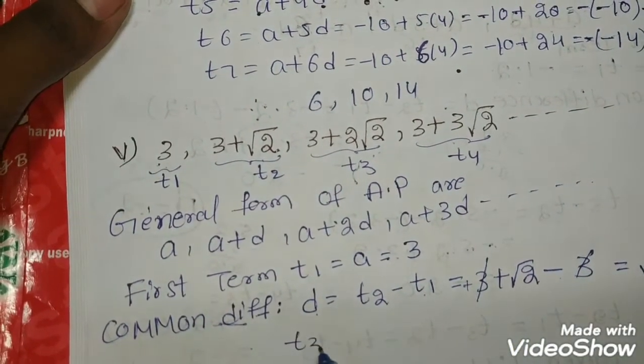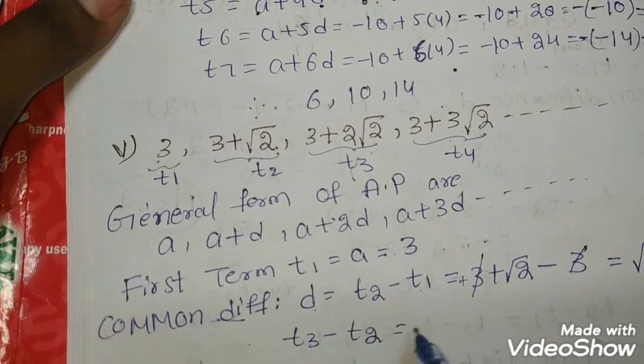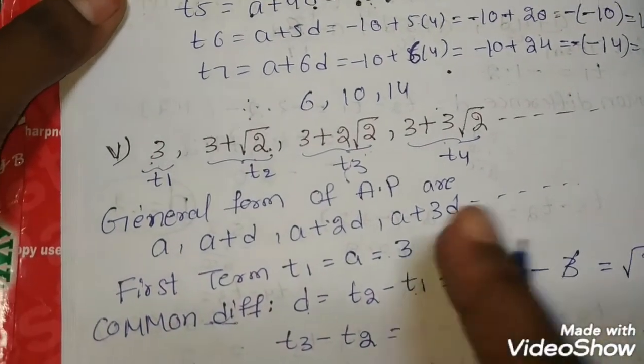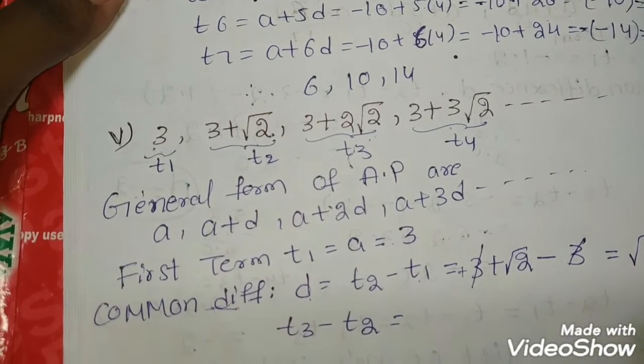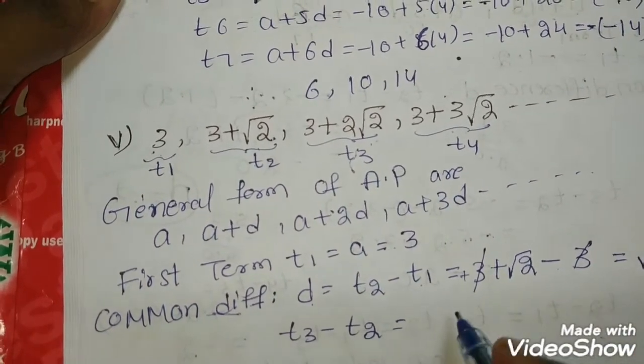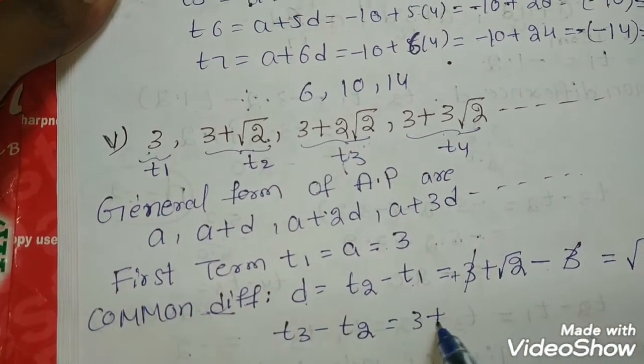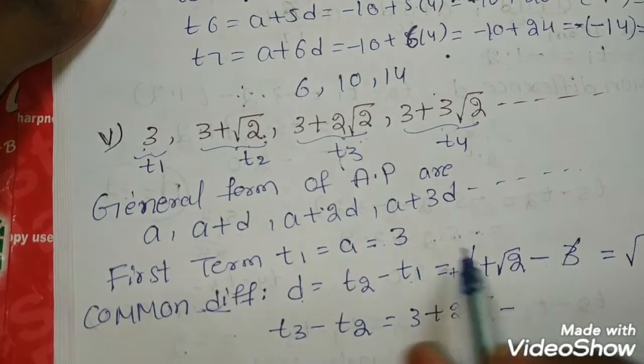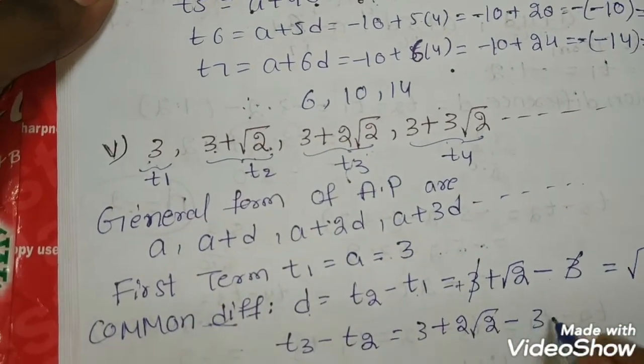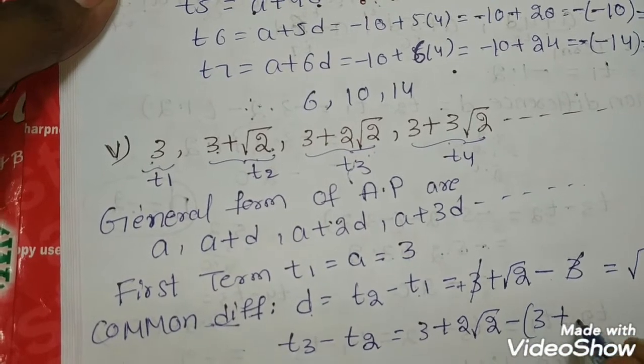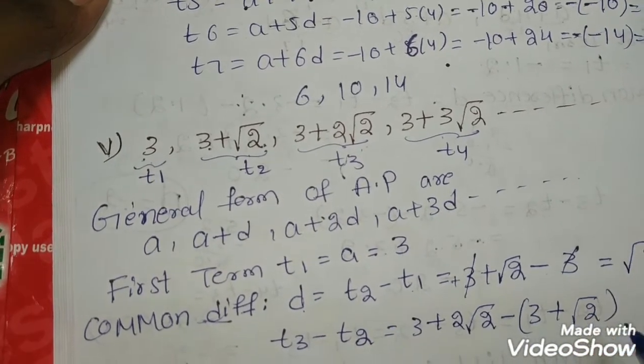If you get the same result, root 2, then this is an arithmetic progression. Otherwise, not. Understand? What is t3? 3 plus 2 root 2 minus, what is t2? 3 plus root 2.